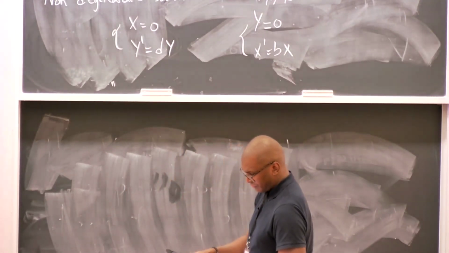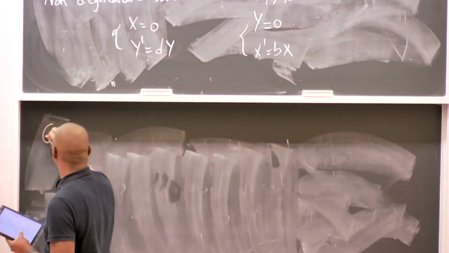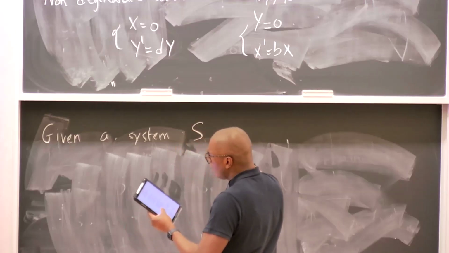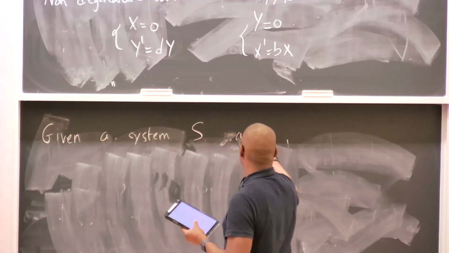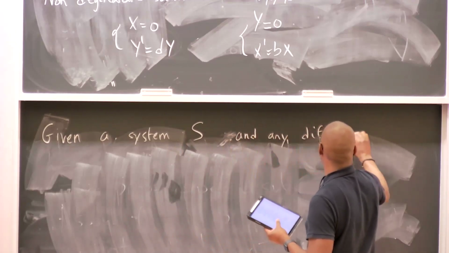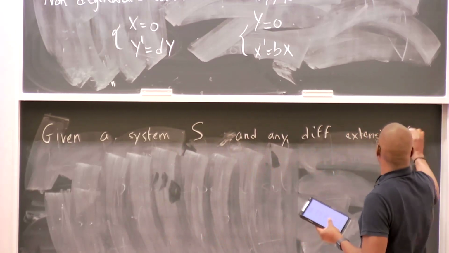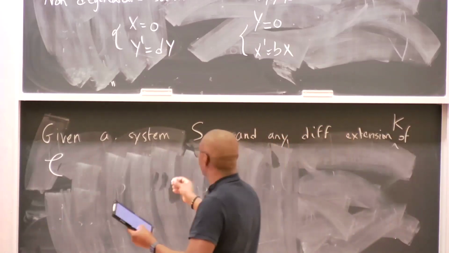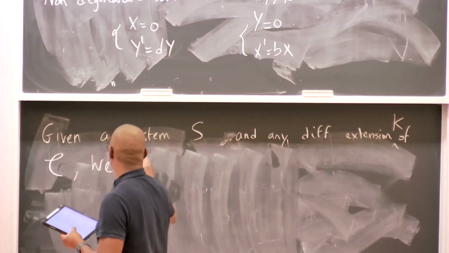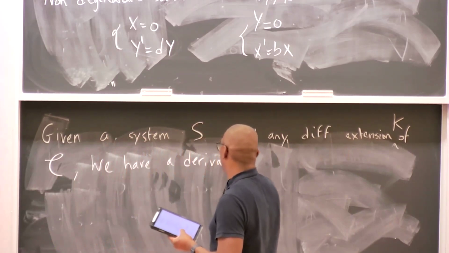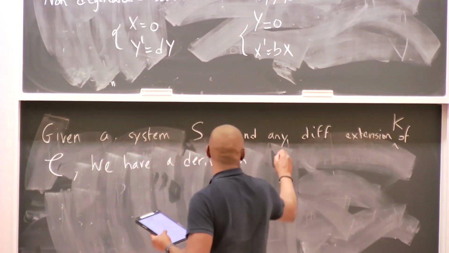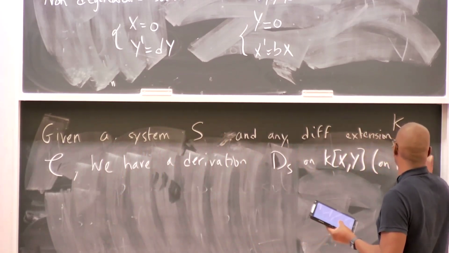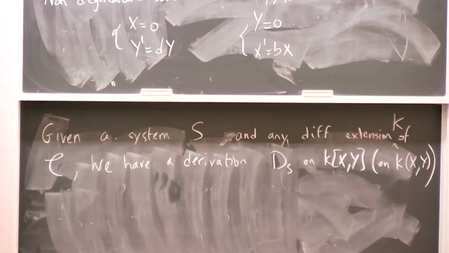So given the system S as above, we can define, for any differential field extension of C, a differential field, let's call it K, a derivation D_S on K(x,y), indeed on rational functions, as follows.